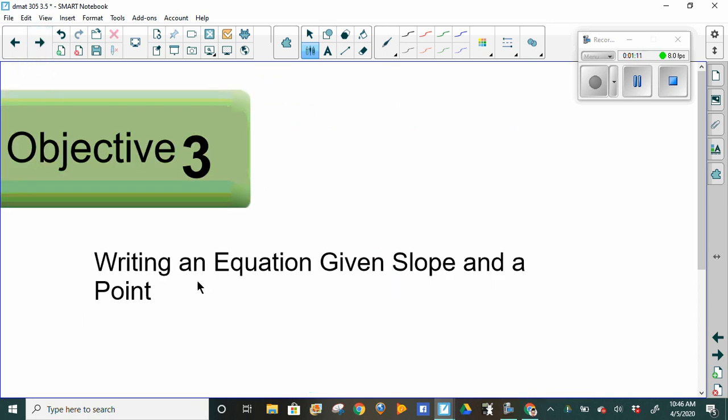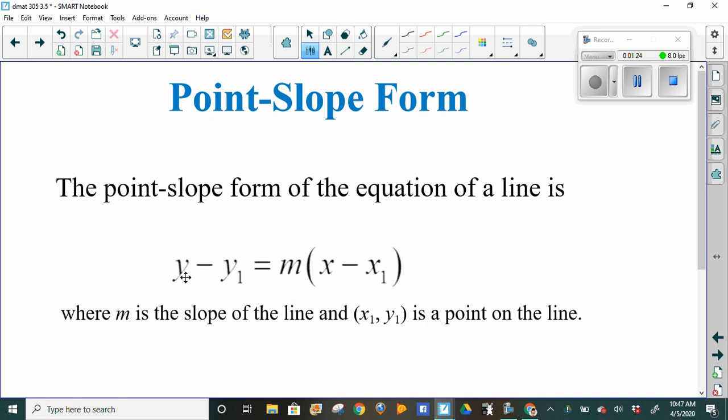All right, so now we're going to write an equation given a slope and a point. So now you're going to take that equation that's very similar to y equals mx plus b, and it is y minus y1 equals m times x minus x1, where m is still our slope, and the x1, y1 is going to be the point that's on the line.